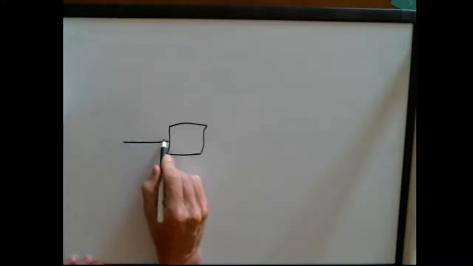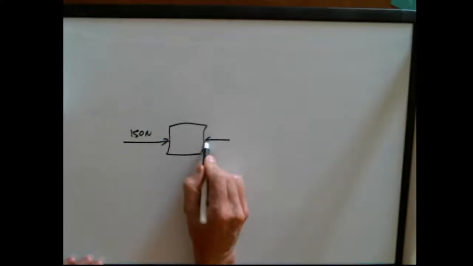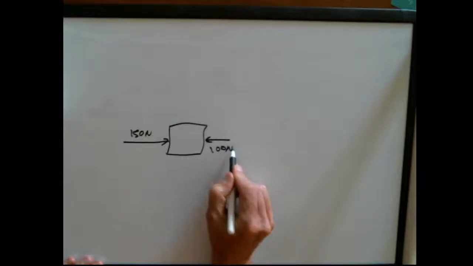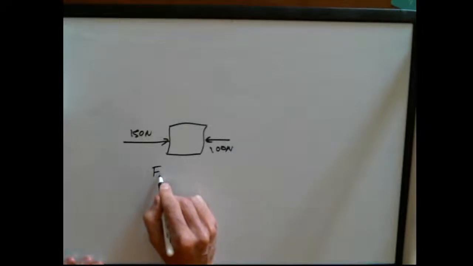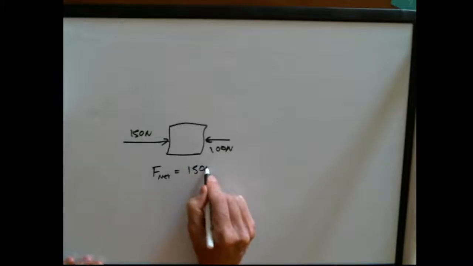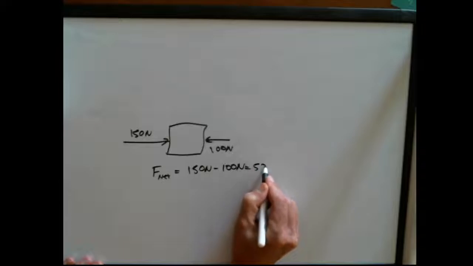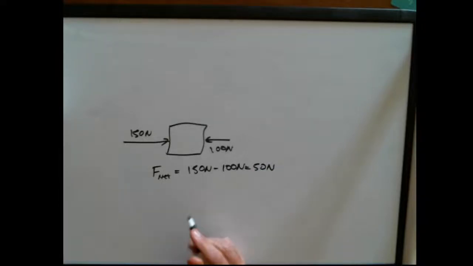There's a force of 150 newtons going that way and a force of 100 newtons going that way. And so the net force is the difference between those two. It's 150 newtons minus 100 newtons, which is 50 newtons. Because those two are working against each other. They're kind of canceling each other out a little bit.